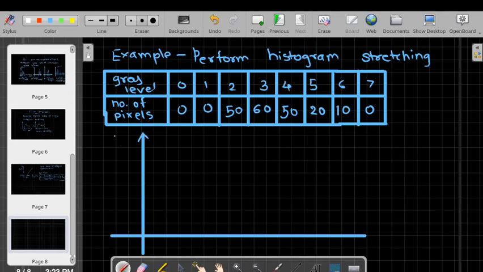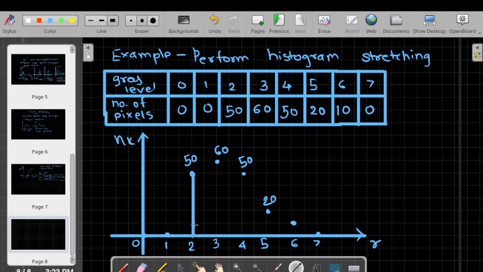These are the number of pixels nk. For 0, 0 pixels, for 1, 0 pixels, and here is r. For 2 there are 50 pixels, for 3, 60 pixels, for 4 again 50 pixels, for 5, 20 pixels, for 6, 10 pixels, and for 7, 0 pixels.